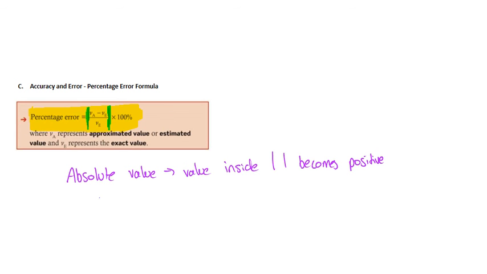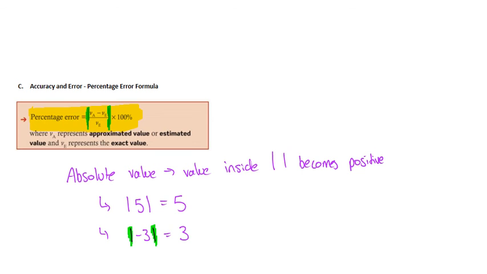So some examples of absolute value. The absolute value of 5 is still 5. 5 started out positive, and we don't need to do anything. It stays positive. It's 5. But the absolute value of -3 is +3. So the application of these absolute value bars is what causes the value to become positive. So that's the concept of absolute value.